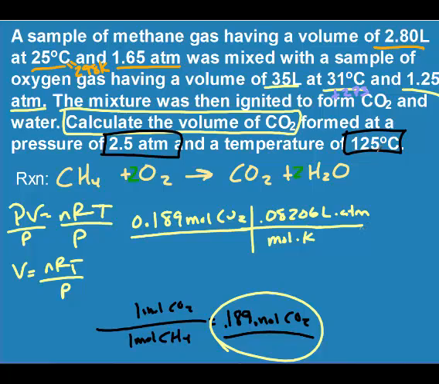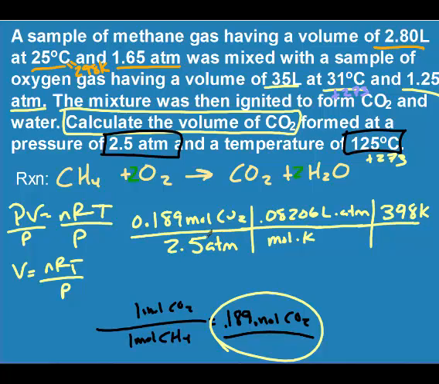And my temperature, I just need to add 273, giving me 398 Kelvin. And then my pressure is already in ATMs.